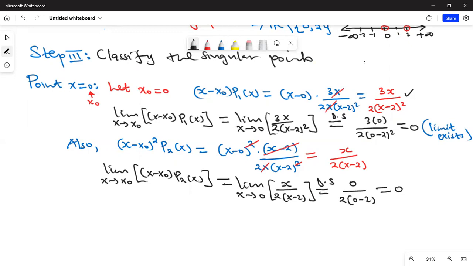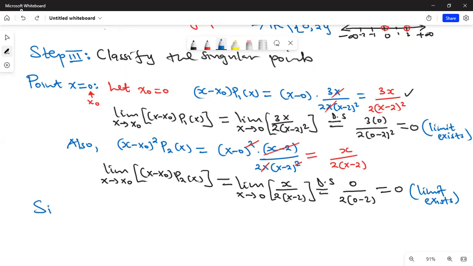So now, again, we say that the limit exists. So since both the limits exist, I can conclude here.